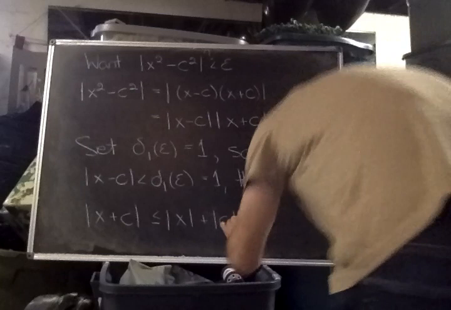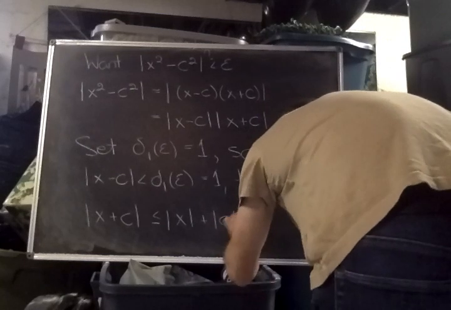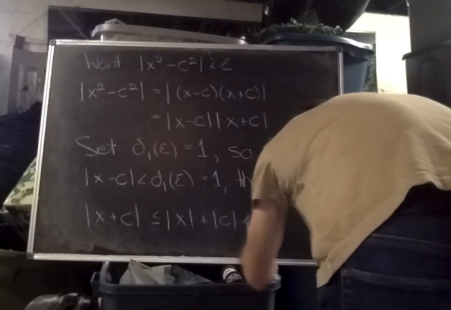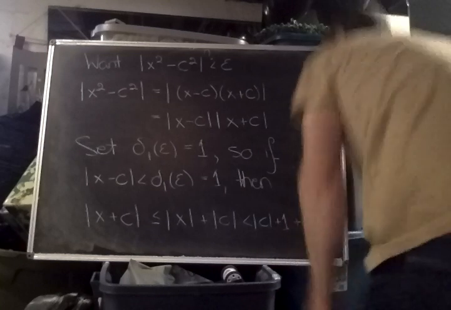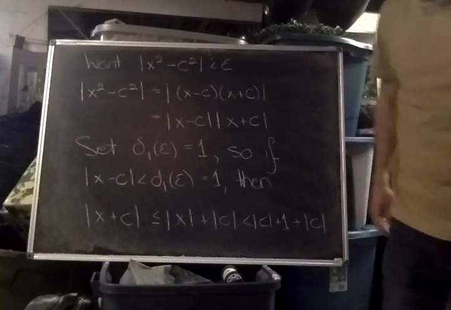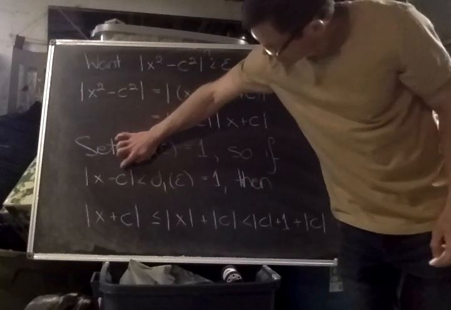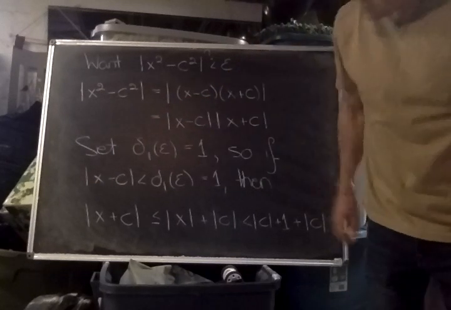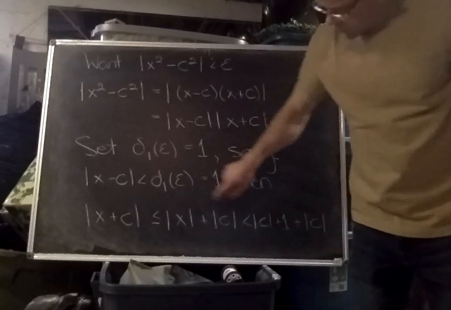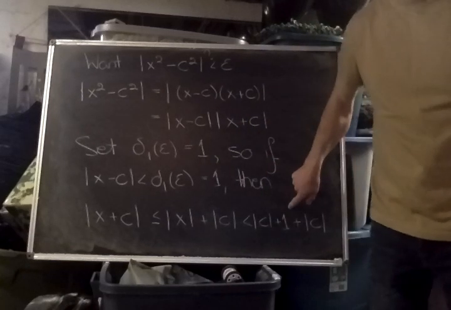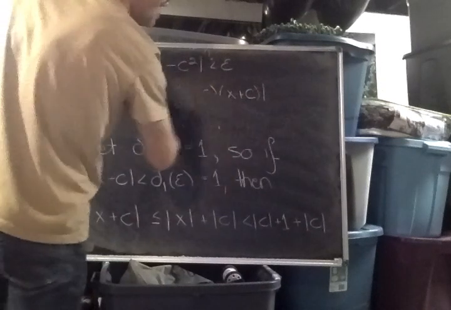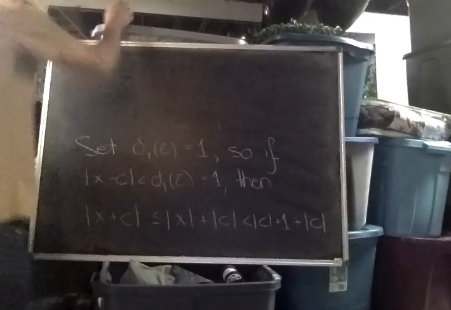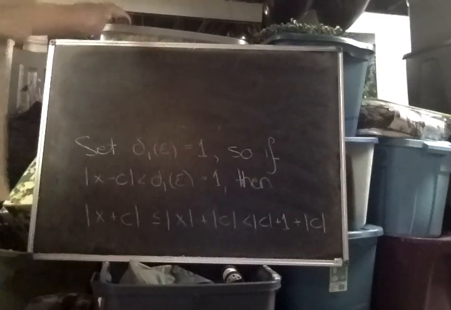Okay, so I'll draw a picture for that, but let me first just write it in here. Okay, so this is what I'm claiming, that because of this statement here, I can say that the absolute value of x is strictly less than the absolute value of c plus 1. Again, in the interest of continuity here, let me just erase part of what we've written so far.